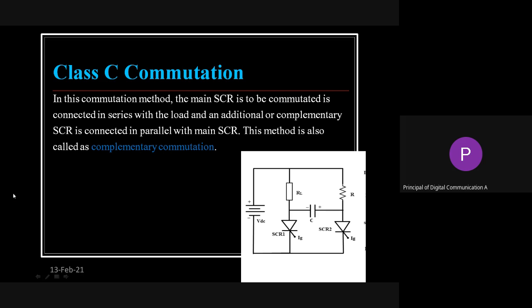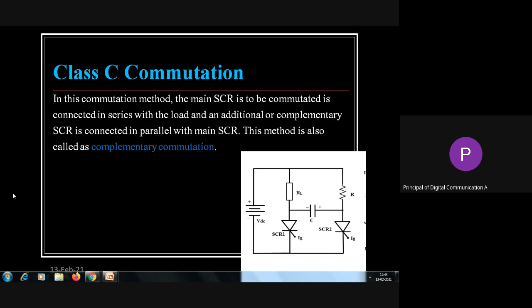So in this type, the main SCR is connected in series with the load, and another, second SCR is also used. Sometimes it is known as an auxiliary SCR or supporting SCR or additional SCR or complementary SCR.